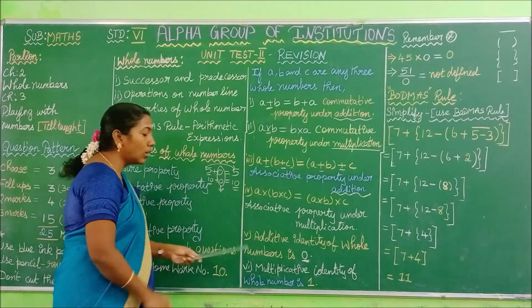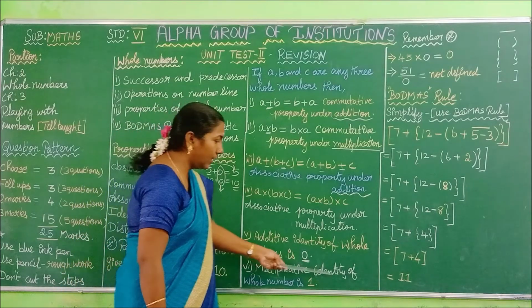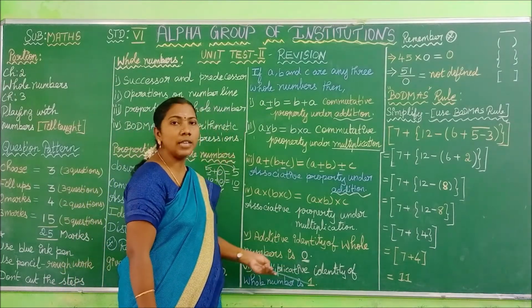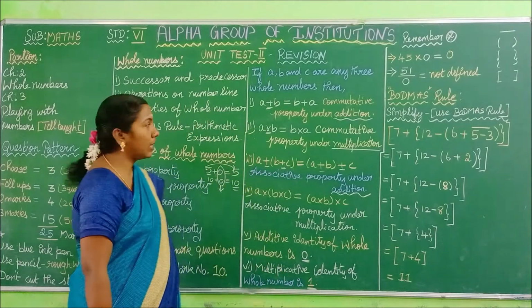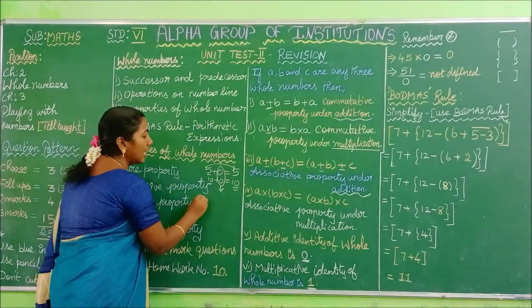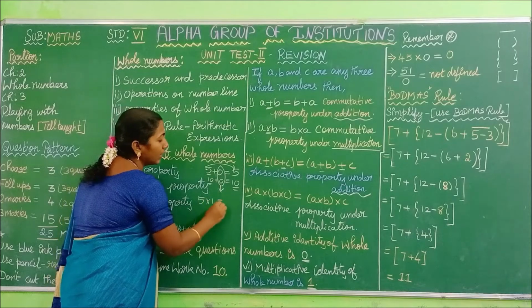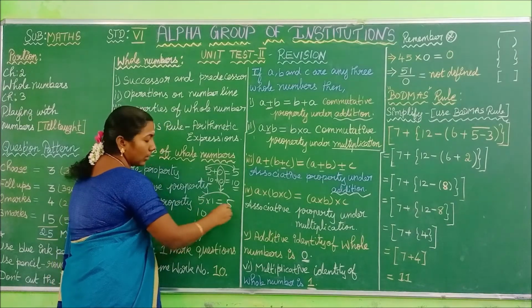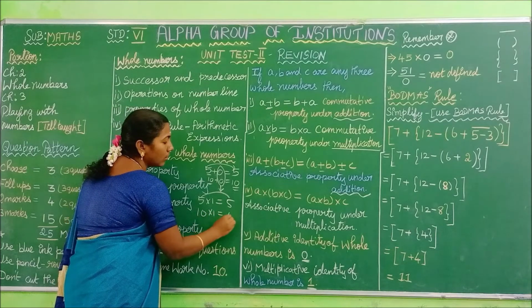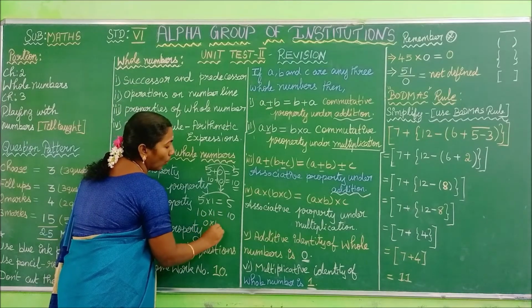See the next one. Multiplicative identity of whole number is dash, 1. How do you call the 1 a multiplicative identity? Because if you multiply any number with 1, you get the same number. 5 into 1, 5. Similarly, 10 into 1, 10. 0 into 1, 0.